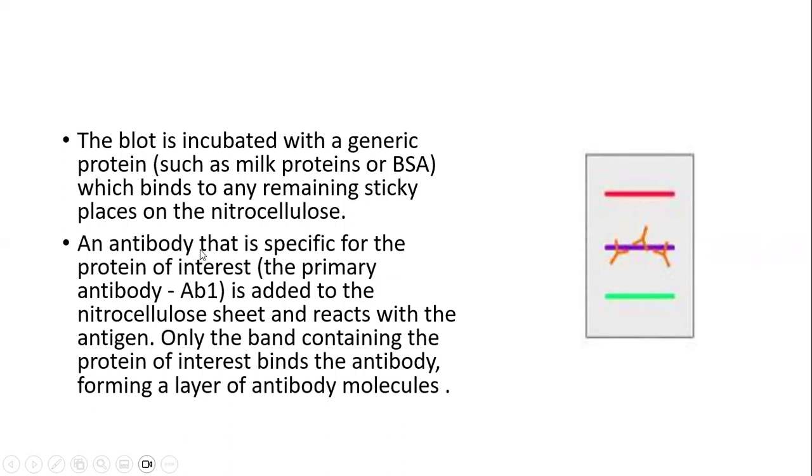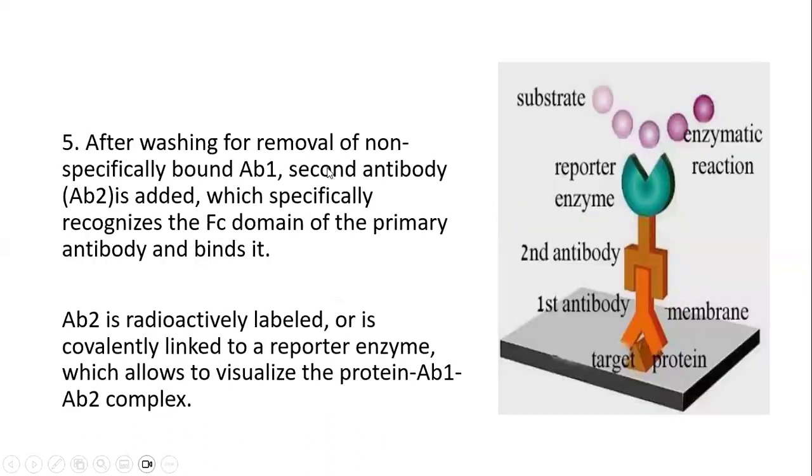So the first antibody we add is known as the primary antibody, which can also be called antibody 1. And here, by specific interaction with the protein molecules of interest, the antibodies can bind to the protein. Then the next step is washing again for removal of any non-specifically bound primary antibody.